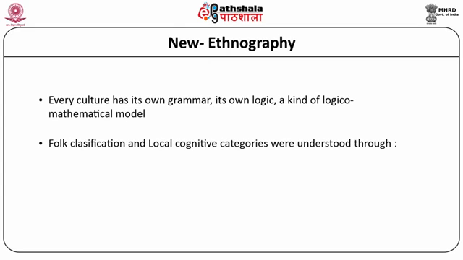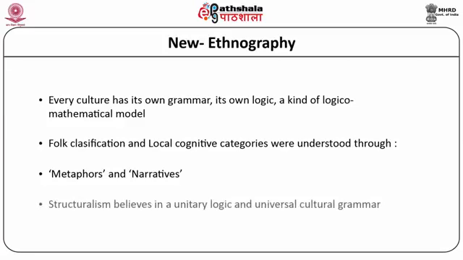Folk classification and understanding of the local cognitive categories became the hallmark of anthropological inquiry in the early 60s, and this has led to mainly reliance on metaphors and narratives. Metaphors are allegories or comparisons which people give to explain something, and narratives are detailed descriptions of connected happenings. These metaphors and narratives became crucial evidences for building the cultural cognition, for building the cultural grammar.